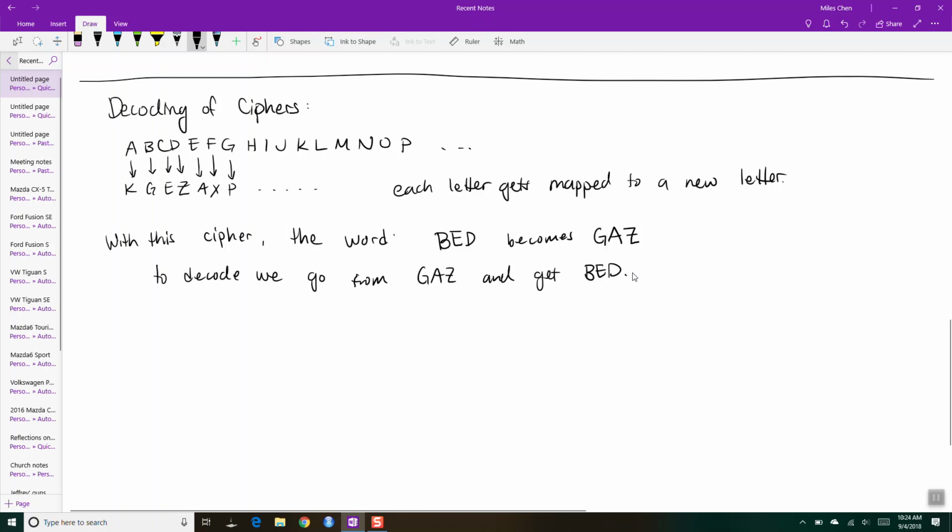But ciphers by humans are a rather rudimentary thing, so it's simple to do. So anyway, the guards intercepted these notes to one another, and they want to figure out what they were saying, but to decode it without the encoding part is kind of hard to do. So what can we do?